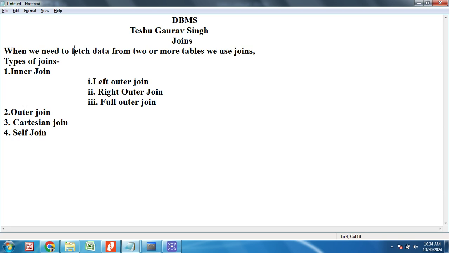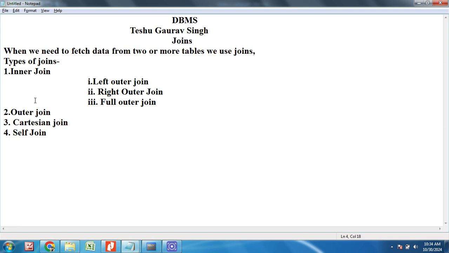Inside outer join, the joins are left outer join, right outer join, and full outer join. Other than inner join and outer join, we have Cartesian join and self join. Okay, they are made from the outer join only.